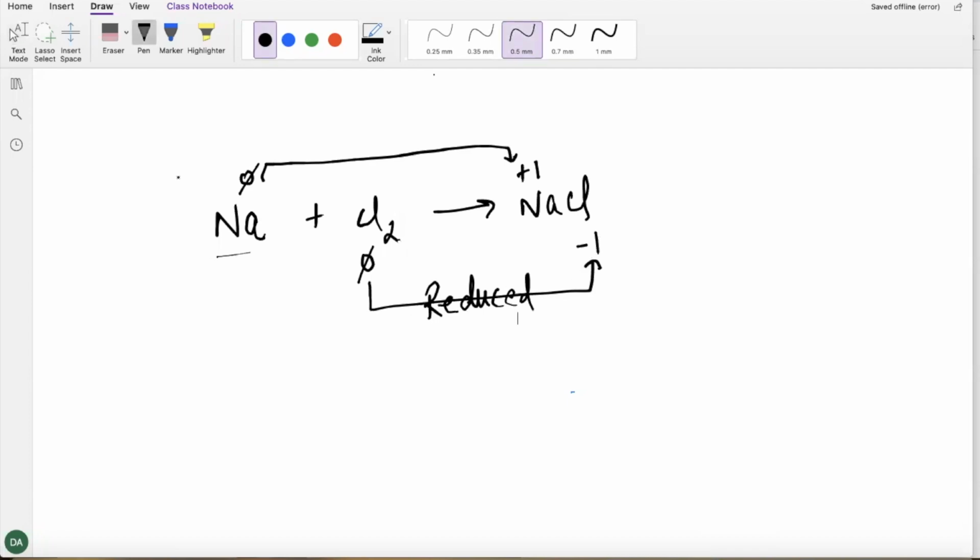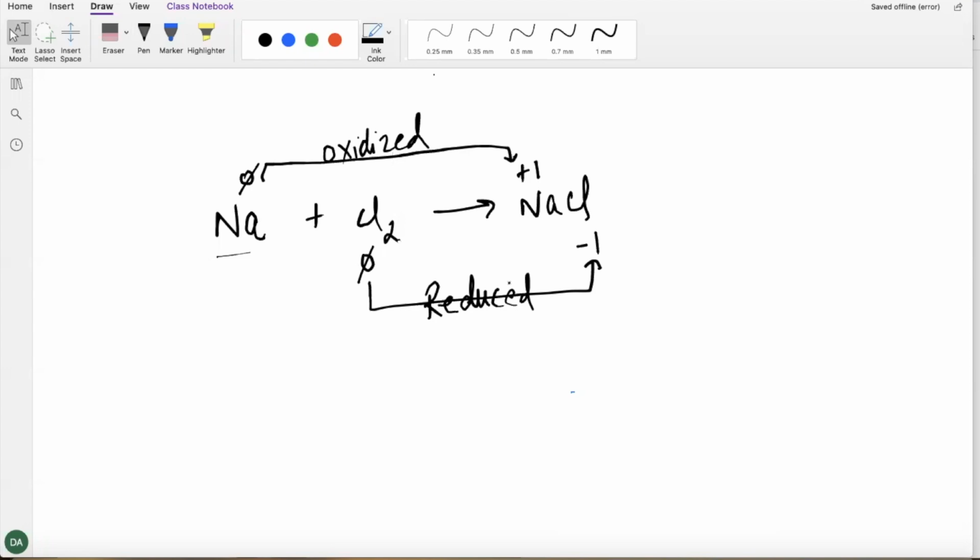Now sodium went from 0 to +1. Did it get oxidized or reduced? It's just the opposite. It got oxidized. So one is getting reduced and the other is getting oxidized, and they both have to happen at the same time. That's why these reactions are called redox reactions.